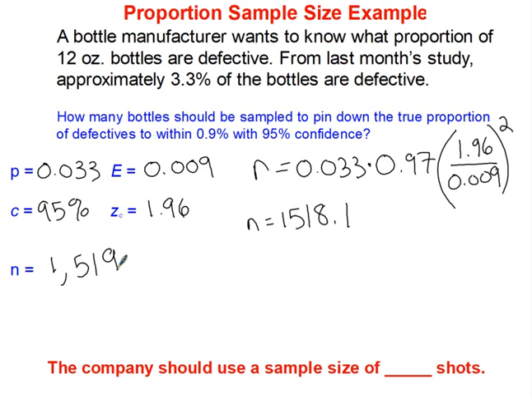So they need to test 1,519 bottles to get the error to be within 0.9% and be 95% confident of that answer.